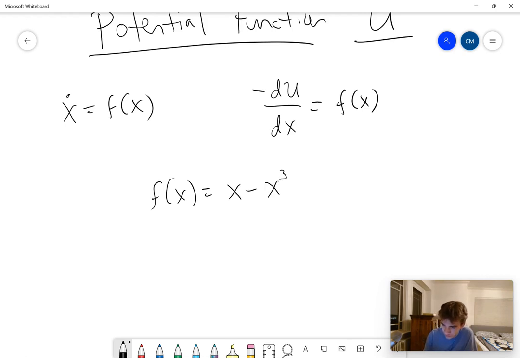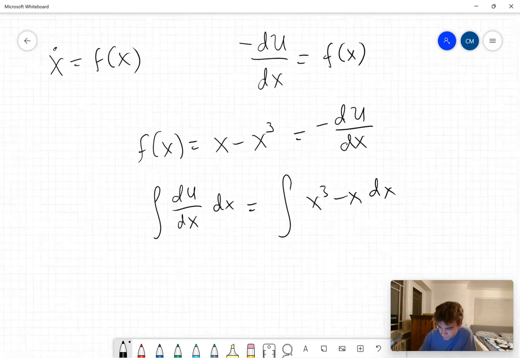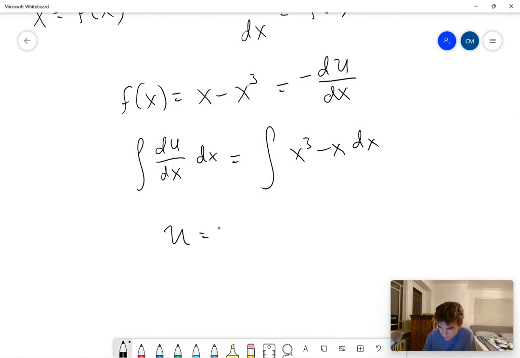To solve for the potential, I'm just going to set this equal to negative du over dx. And now I'm going to integrate both sides in x. So I get the integral of du over dx equal to the integral of x cubed minus x dx. So I'm going to get that u is equal to x to the fourth over 4 minus x squared over 2 plus some constant of integration.